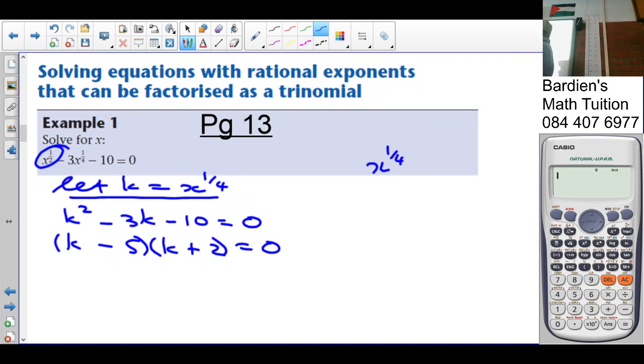So x to the quarter squared is representative of x to the half, or x to the half can be represented as x to the quarter squared. So if I let k equal x to the quarter, then this should be simply k squared. Okay, that makes sense?